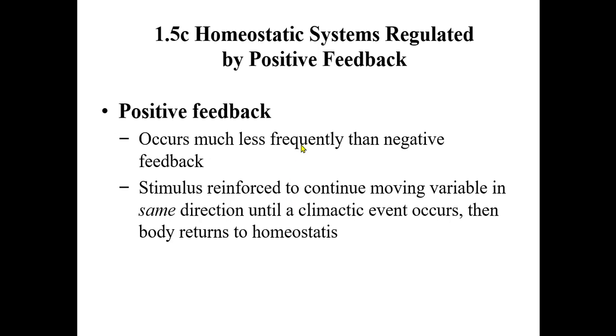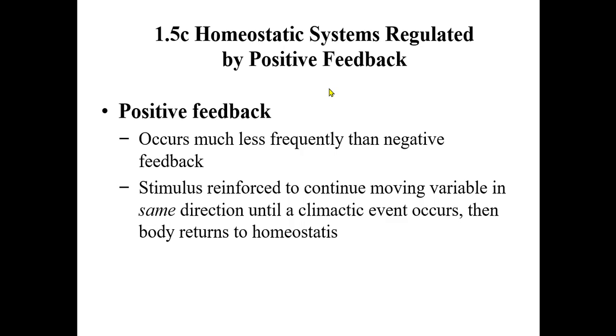The next type we have is positive feedback. Positive feedback is going to reinforce the event over time. That means it's going to make it stronger. The two examples to keep in mind are childbirth and blood clotting.